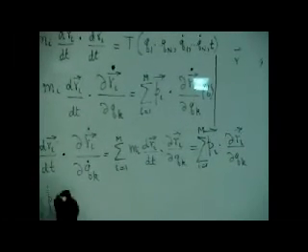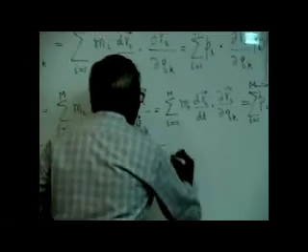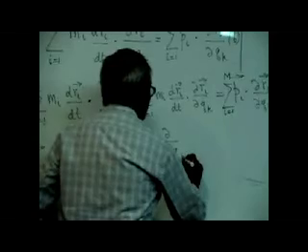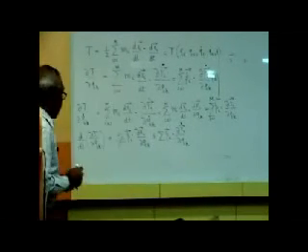Now I write down pi dot dri by dQk plus the summation. I'll just wait here for a minute. A small explanation.